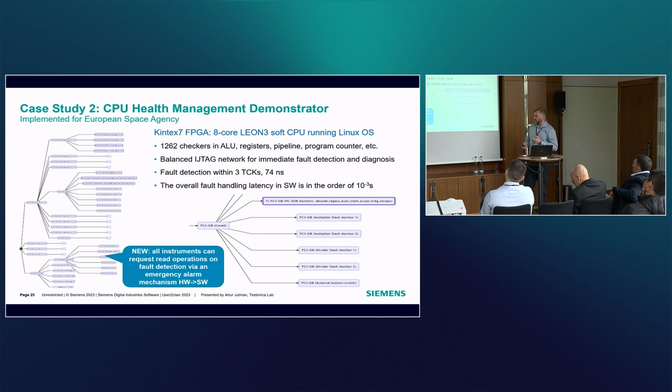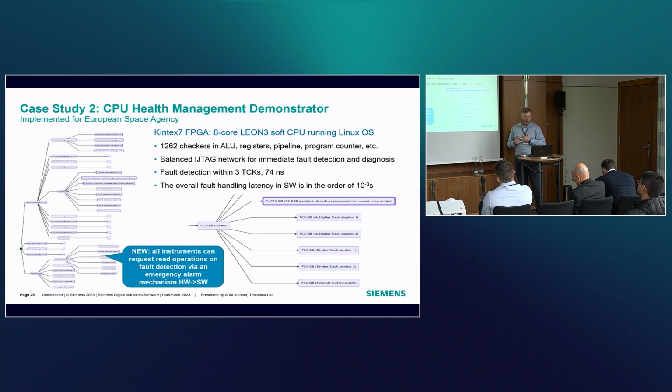So for that we appended all the instruments with the capability to send interrupt requests to the operating system. Whenever a fault is detected, the interrupt request goes to the operating system. In this case, it was Linux running on this FPGA demonstrator, and in a matter of 3 clock cycles, we get fault detection.